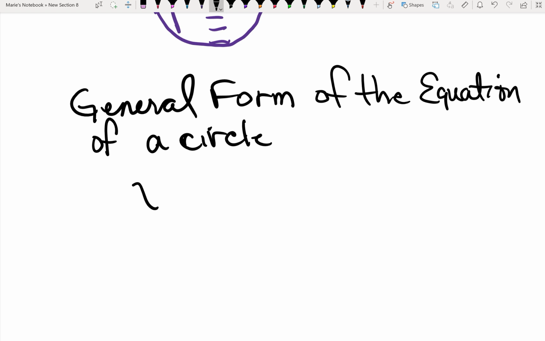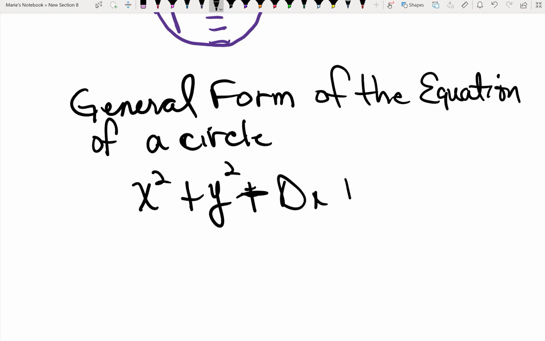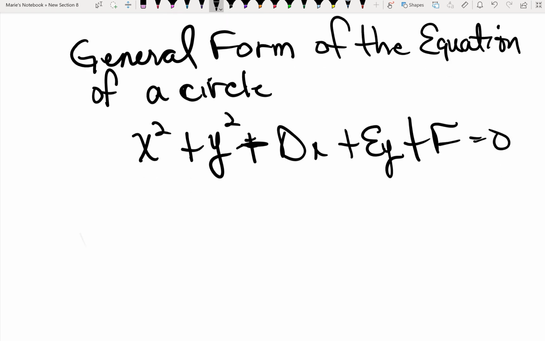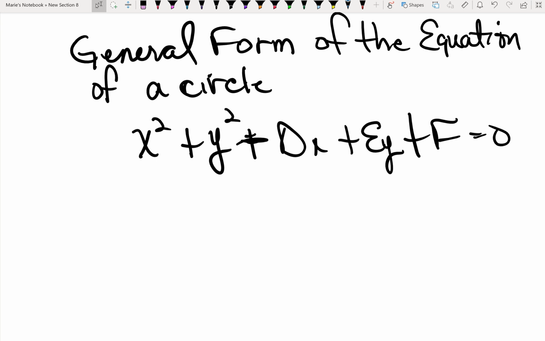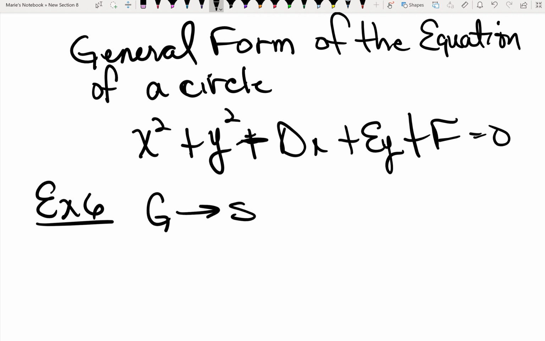And so we have x squared plus y squared plus d of x plus e of y plus f is equal to 0. Okay, it looks ridiculous, but it's actually quite easy. What you're going to want to do in this example, this is example 6, is convert this general equation to standard form. So we're going to go from general to standard.